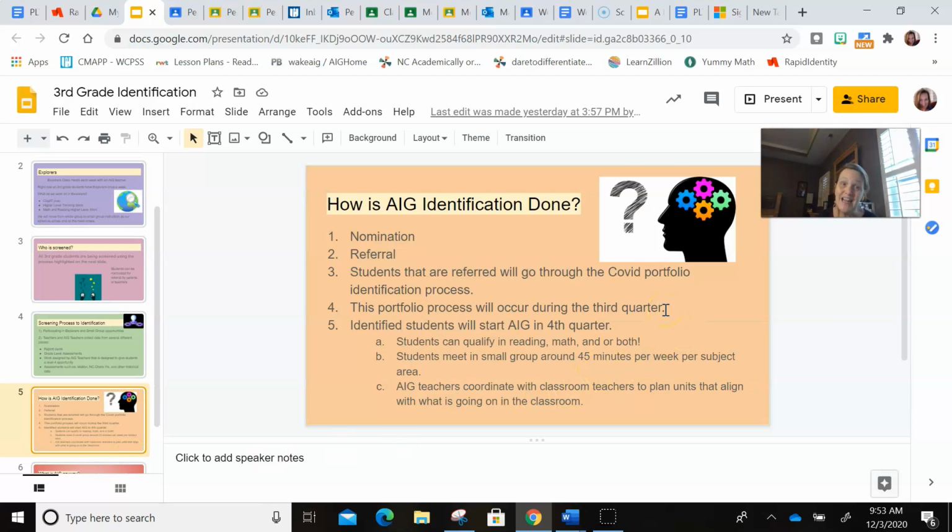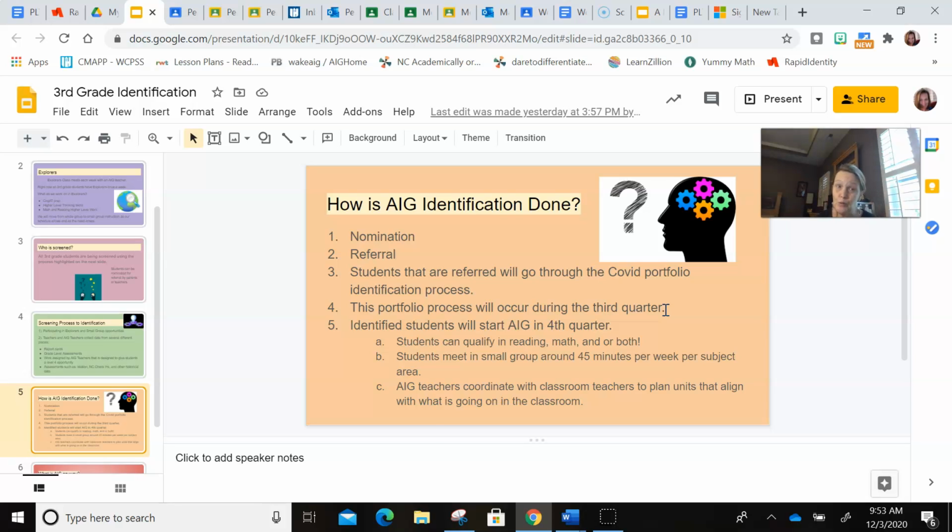So how does this AIG identification process look, and how is it done? The first one is to nominate. The second is to receive a referral. In order to receive a referral, students have to meet certain Wake County benchmarks.